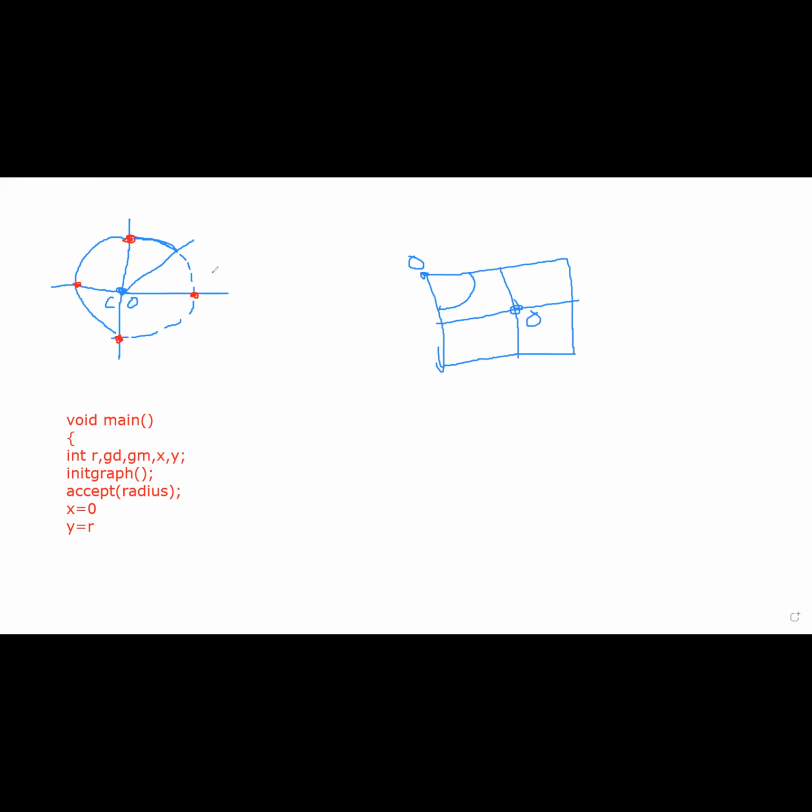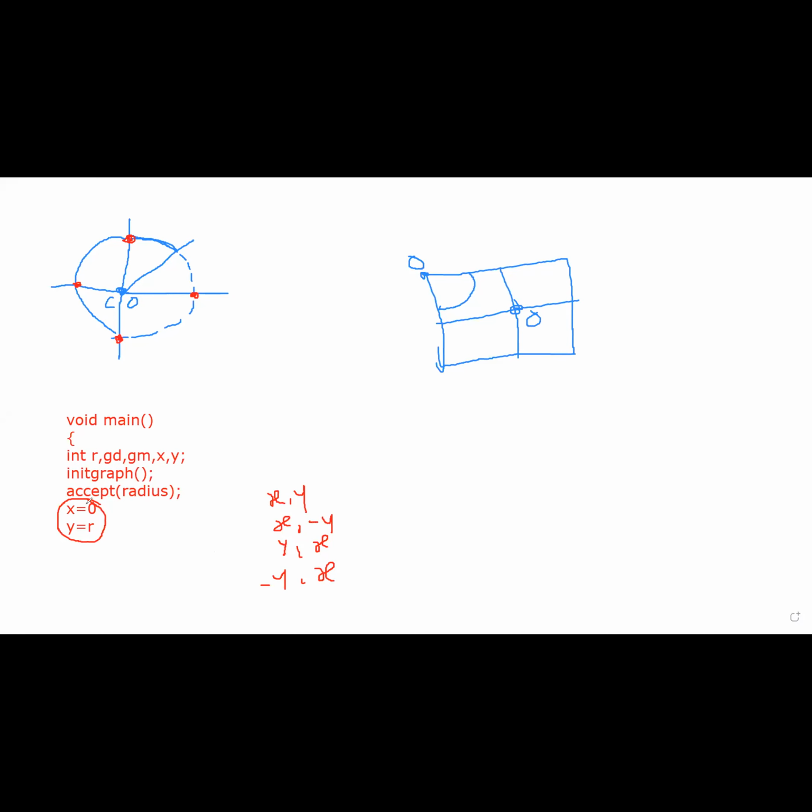So with (x, y) as my first point, I will make (x, minus y), then (y, x), and (y, minus x). By making all these combinations, I get this result. So I can get 8 points from a single coordinate, x equal to 0, y equal to r.